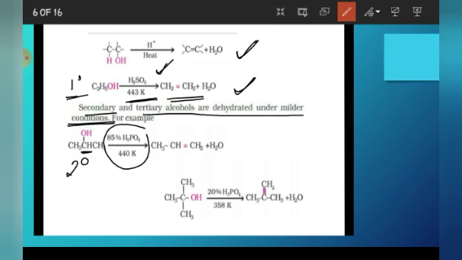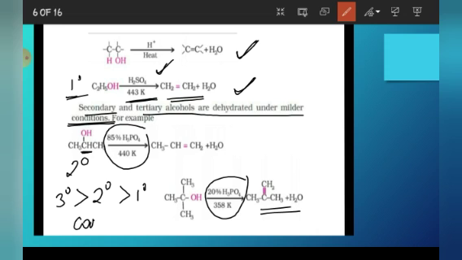Now if there is a 3-degree alcohol, if you compare the reaction conditions, they become even milder to get the product. Now, why is this so? Again, the answer is the same. What I have told you, 3-degree reacts more easily than 2-degree, than 1-degree. Why? Since this reaction proceeds with the formation of carbocation.